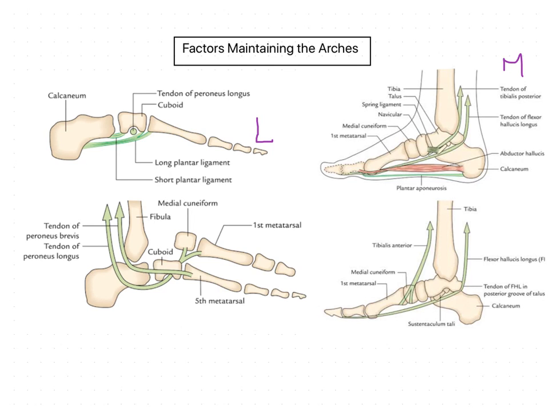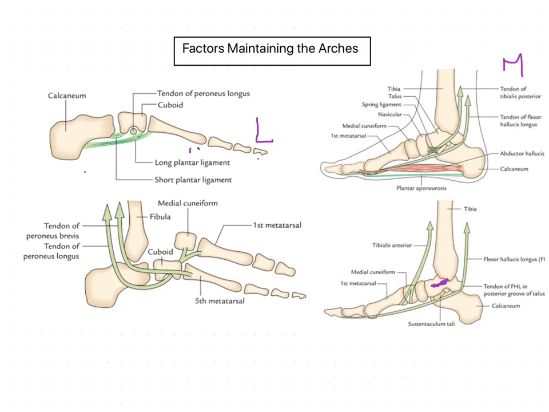The bony factors are the shapes, sizes, locations and positions of the various bones of the foot along with the configuration of the articular surfaces. The talus contributes significantly to the maintenance of the medial longitudinal arch by acting as its keystone. The positioning of the talus at a level higher than the rest of the tarsal bones is important.